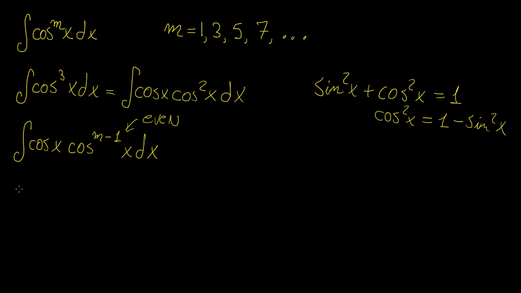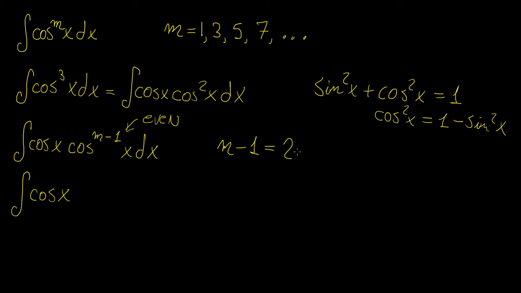So if we perform the same substitution again, suppose it is possible to break this even number down into some multiple of 2. Suppose we call this m minus 1, so let me just write it here.